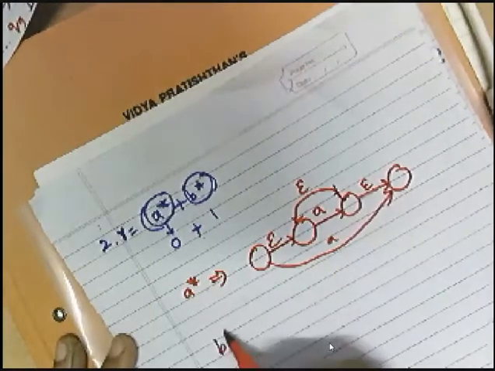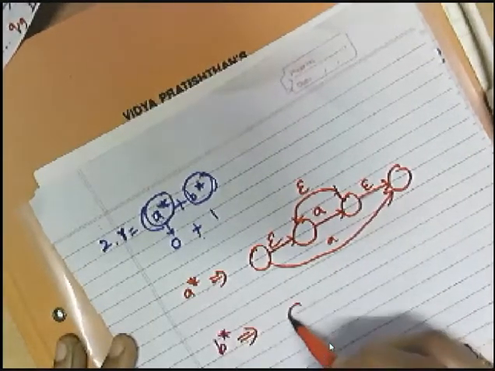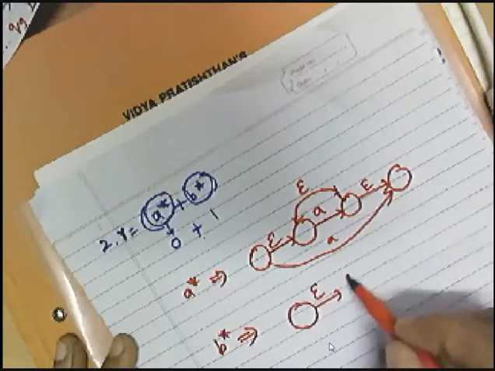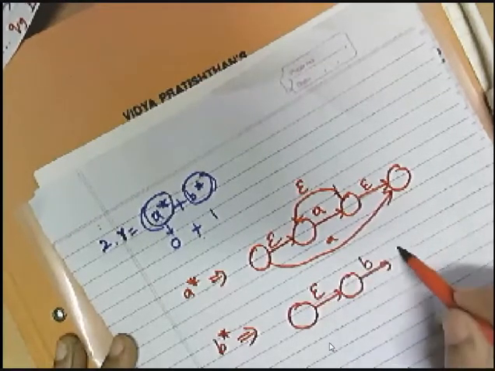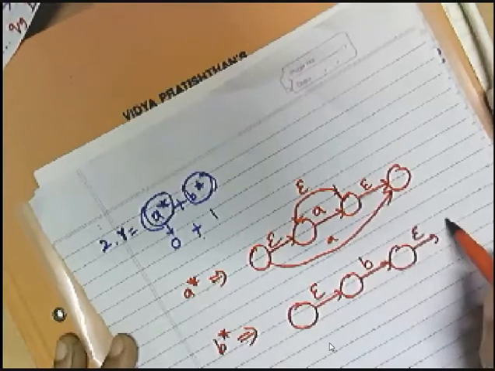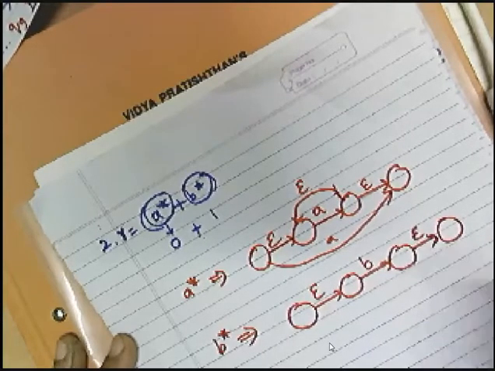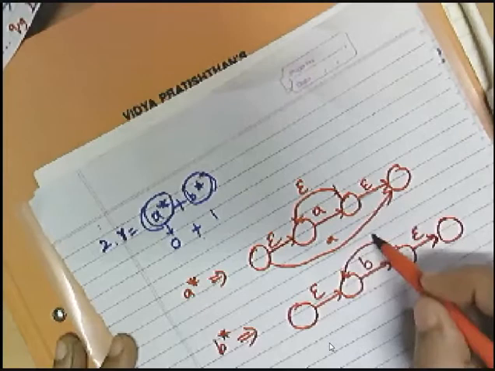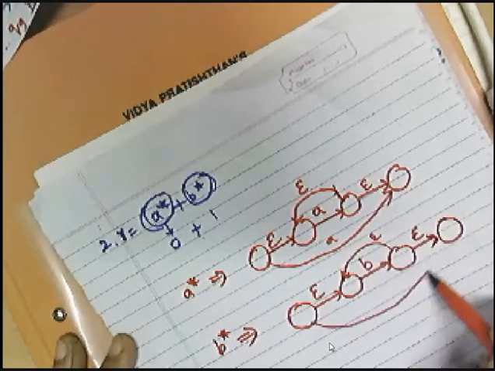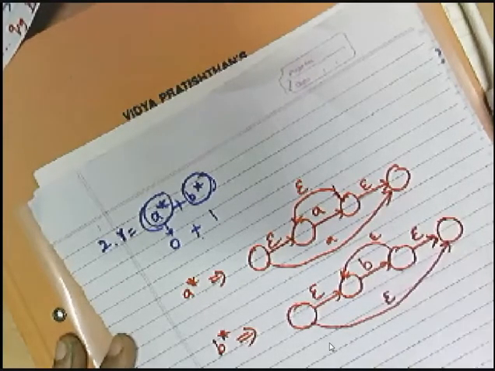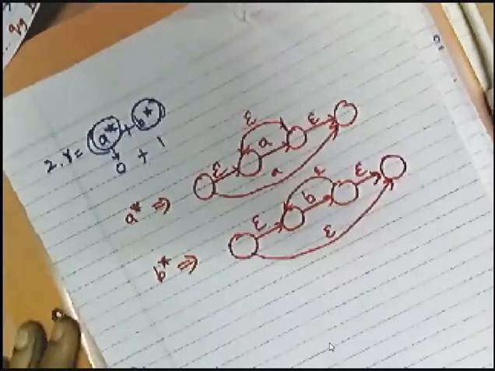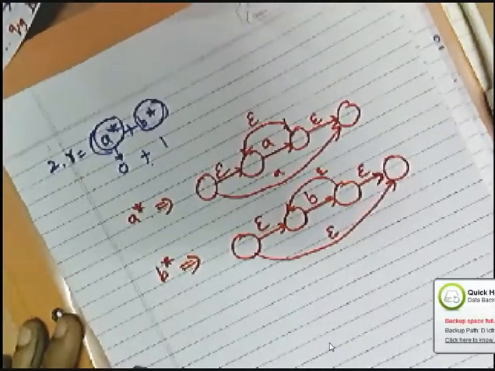Similarly, my B star will be B, epsilon move, and then again this one. Don't forget to mark all the transitions. So this is now my A star and B star.